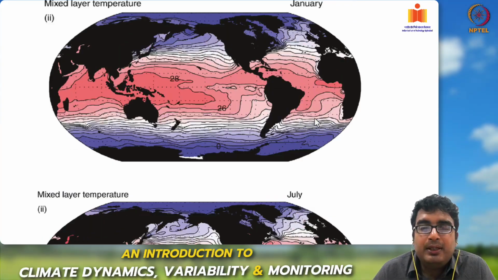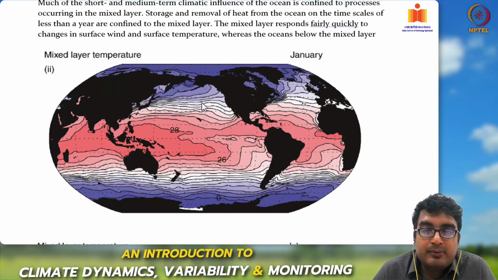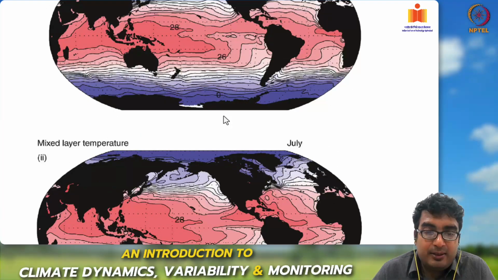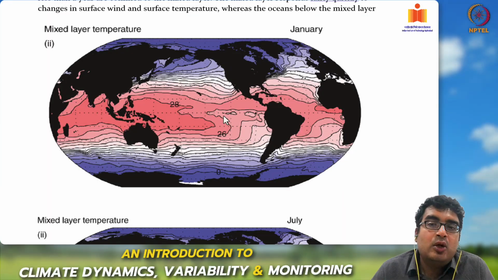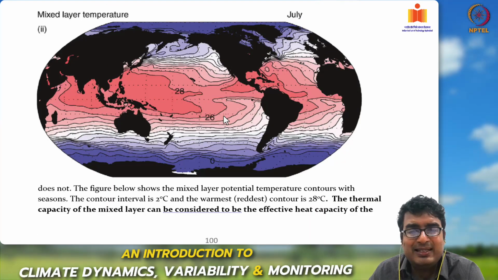There is some increase in temperature in the temperate regions in the mixed layer during summer months compared to the winter months, though it is not significant. In general, the ocean's mixed layer potential temperature does not vary significantly from one season to the next.